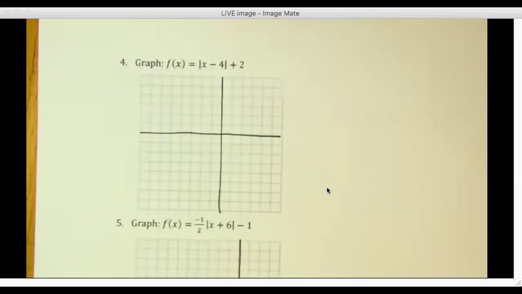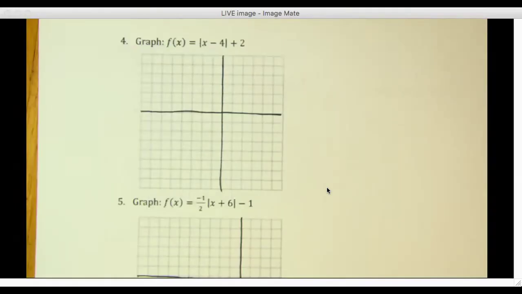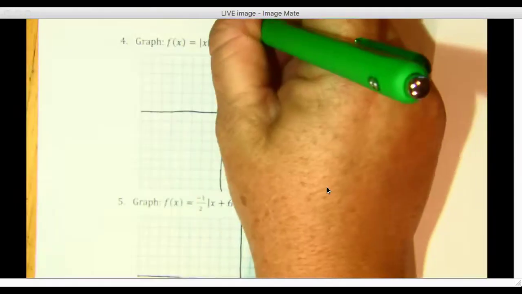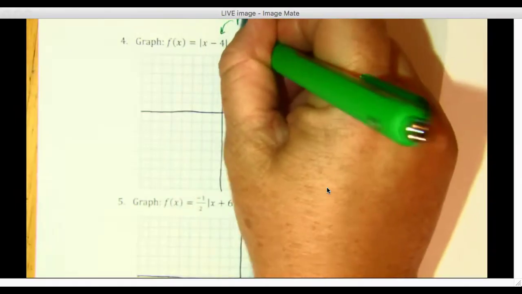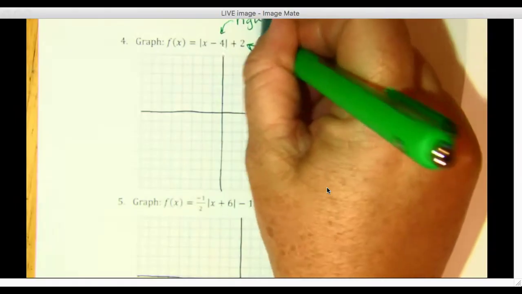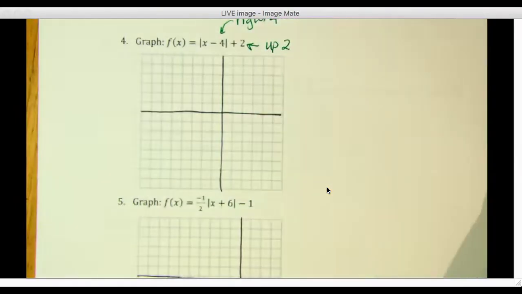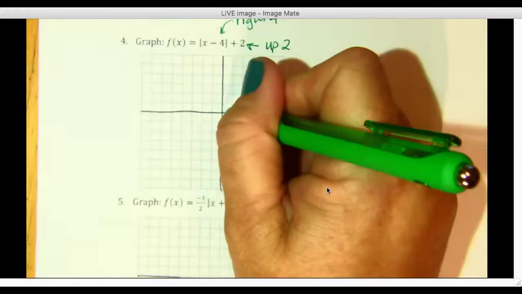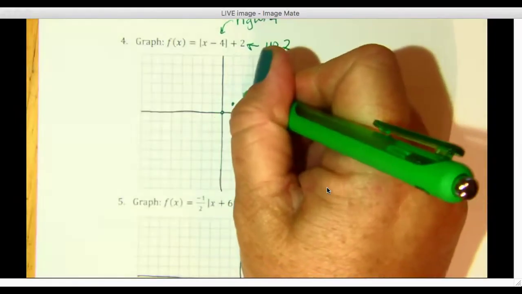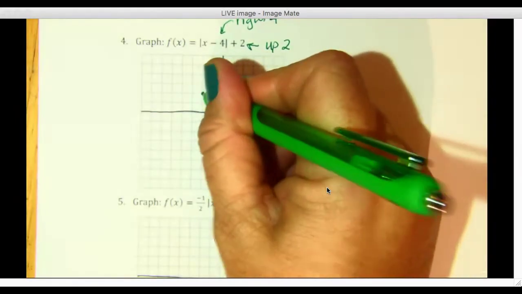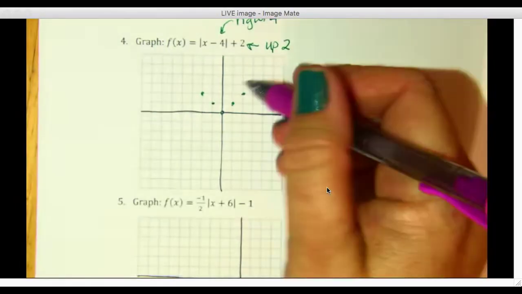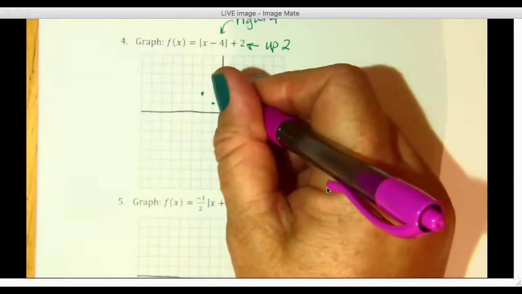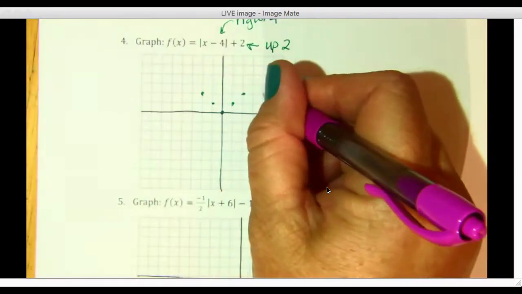We saw in a previous section how to shift our graphs. This -4 on the inside, we'll shift it to the right 4, and this +2 on the end, we'll shift it up 2. So that same absolute value graph that we just saw, if you wanted to put a couple of dots here and use that to help you, then all of those are going to be moved up 2 and right 1, 2, 3, 4.